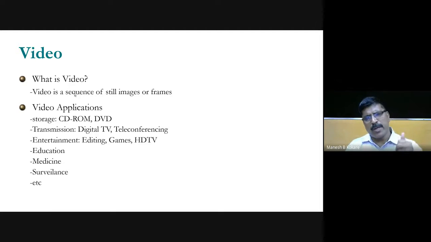Out of these two variables, the y-axis one is the dependent variable and the x-axis one is the independent variable. So there is only one independent variable in the case of speech, and that's why it is called a one-dimensional signal.